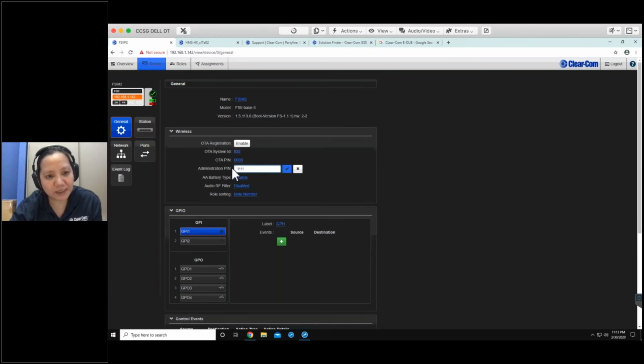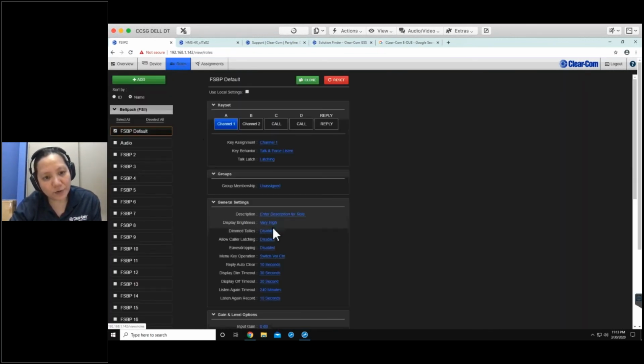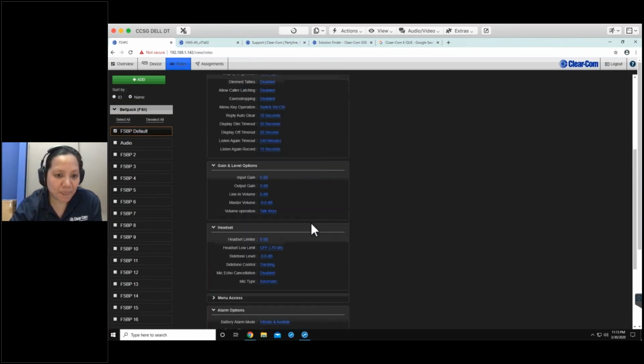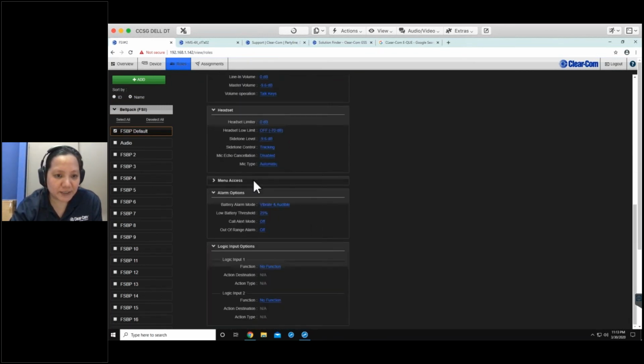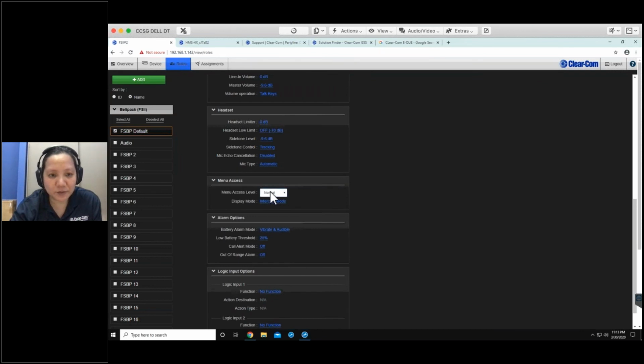This admin pin works on the belt pack as well. So if your role has menu access that is basic or normal, and you want to go into advanced mode to look at site survey, you could enter the admin code, and then that will enable the full menu access.